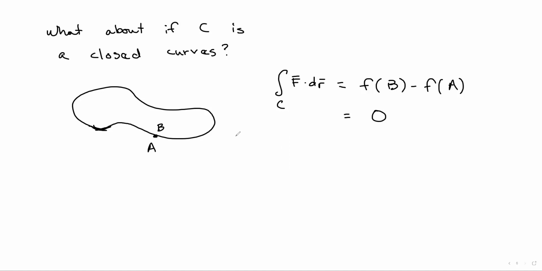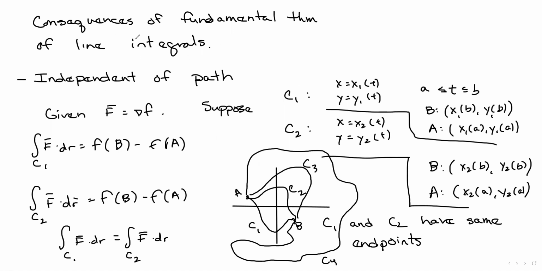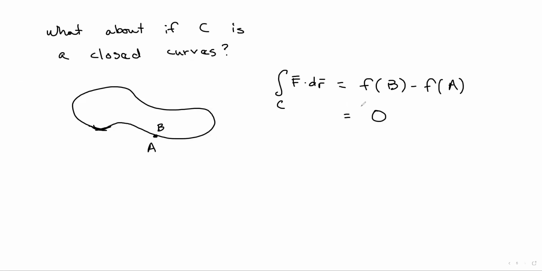Okay, so those are a couple of consequences of the fundamental theorem of line integrals. We have path independence, and we also get that the integral over a closed curve is going to be 0.